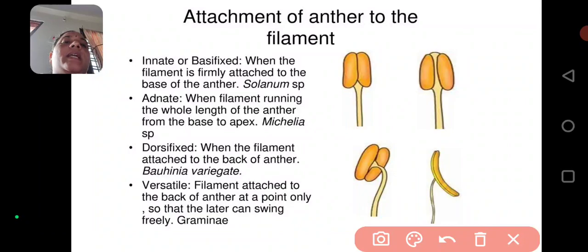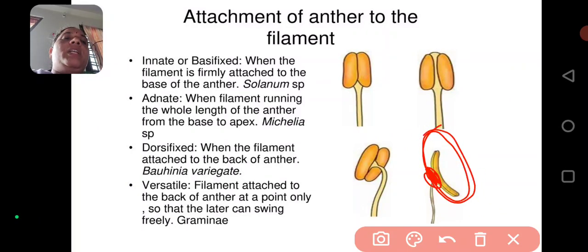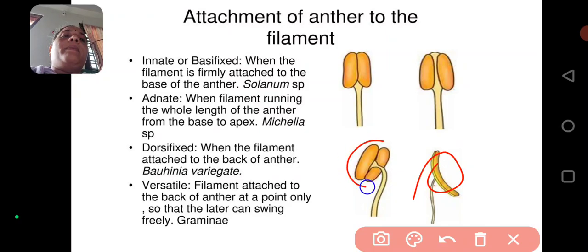In the versatile, the filament is attached at the back at a point, and totally the anther can swing freely. But there is no swinging facility in the dorsifixed anther. So that is the difference between dorsifixed and versatile. The versatile anthers can swing freely, but there is no such facility in the dorsifixed.